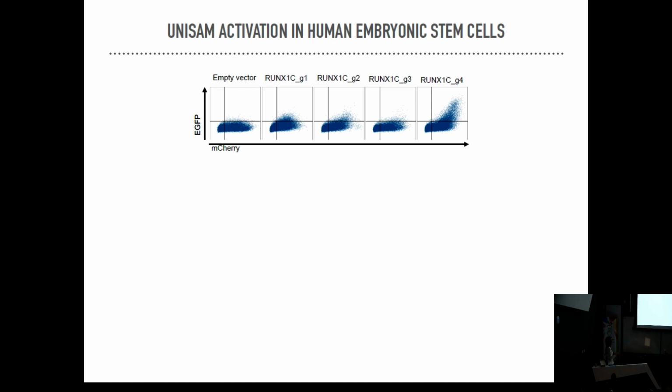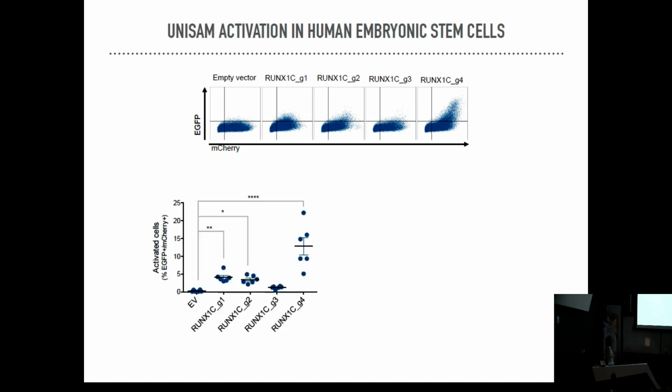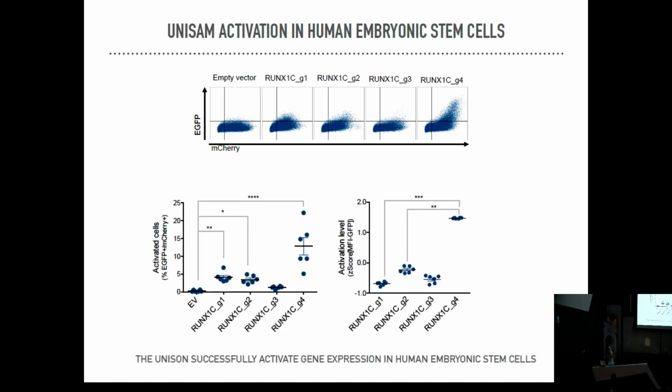As you can see, again, they look different. Different guides mediate different activation levels. That's the quantification of this. And also within each cell, you could get different levels of expression, which is really good because sometimes in some systems, the relative expression of different transcription factors decides one cell type over the other.